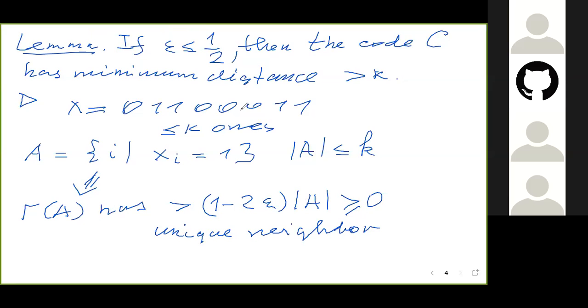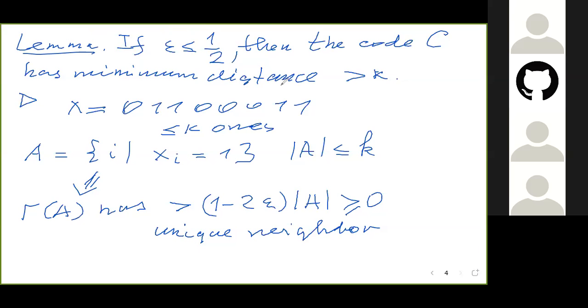And recall that neighbors represent equations, and unique neighbors represent equations that include only exactly one variable from A. And other variables from that equation do not belong to A, and hence they are 0. So each unique neighbor is an equation that has exactly one such variable, and hence that equation is wrong.